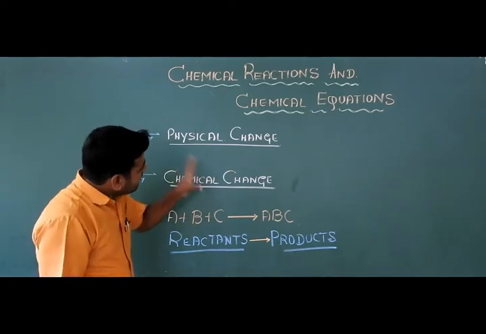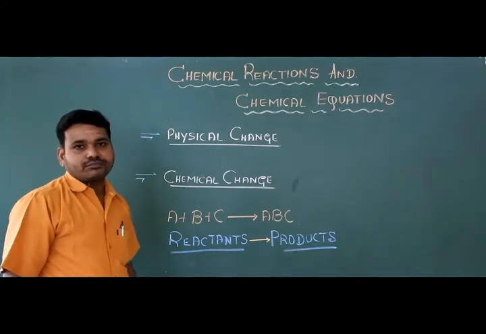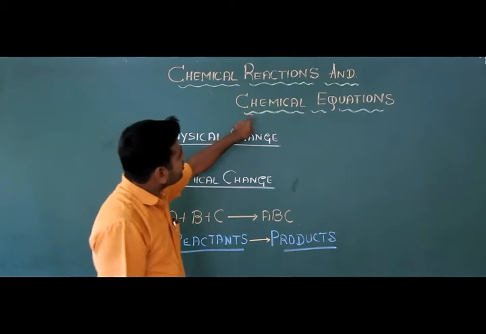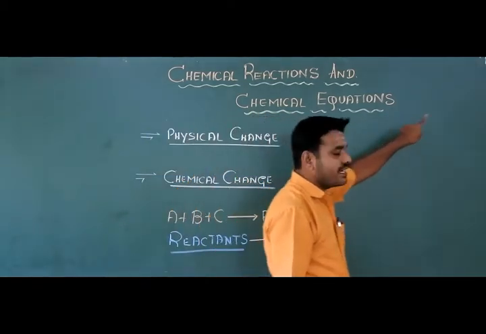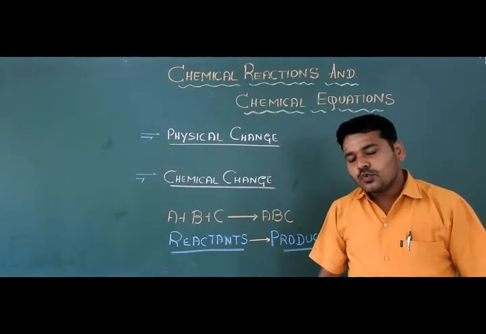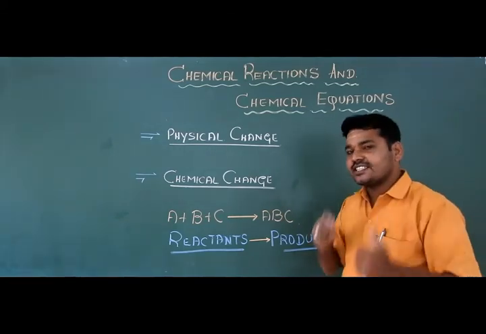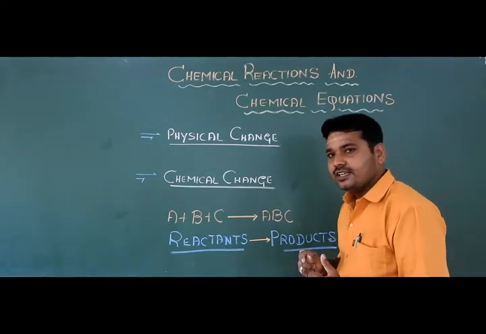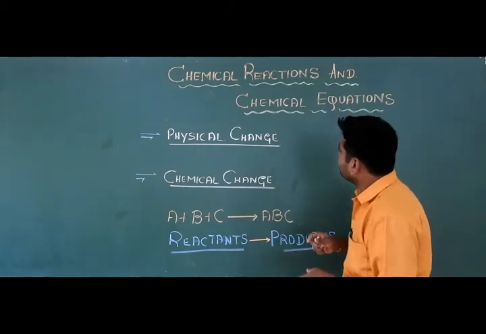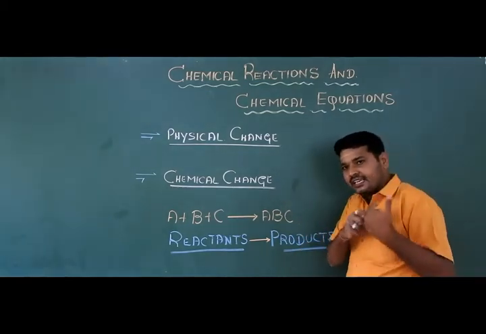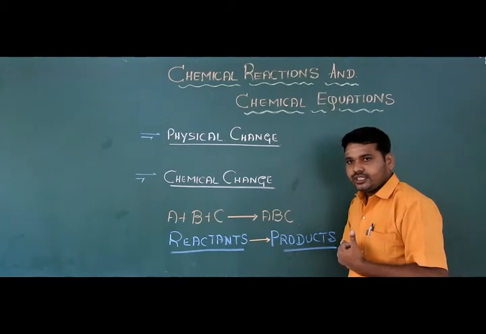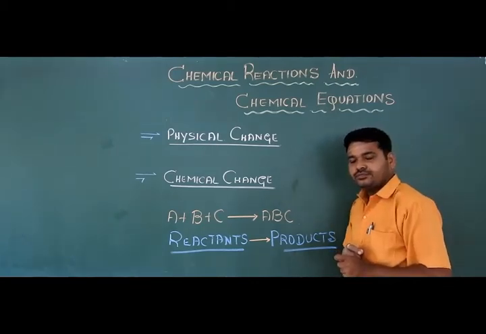And now, with the help of chemical reactions, one more terminology is chemical equations. So before the classification of chemical reactions, let us discuss what is meant by a chemical equation.